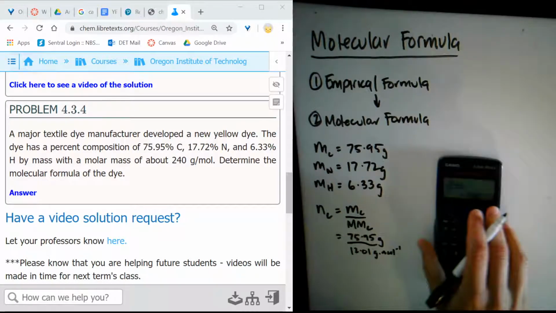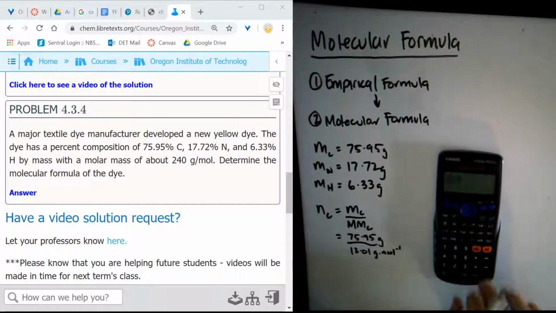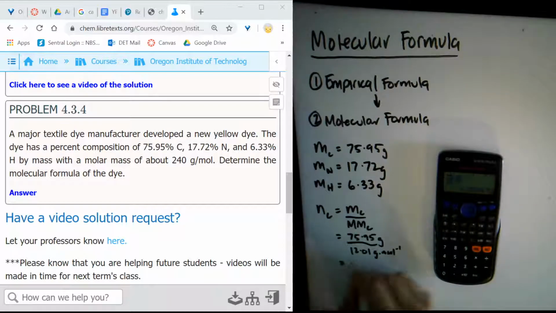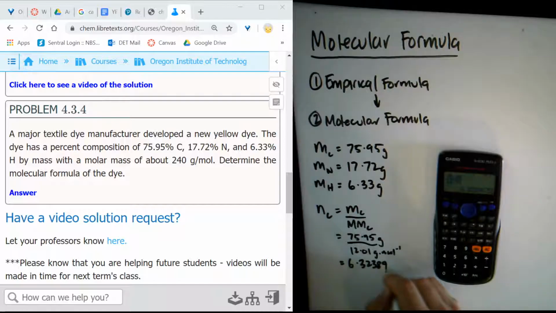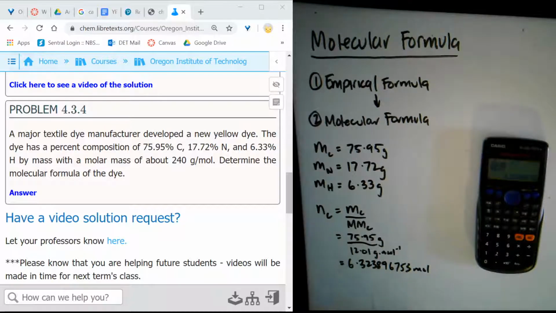I'm just going to do that on the calculator really quickly. And we get 6.32389673. It's really important here to keep all of those significant figures because they could become important later. If you cull them too soon, you can end up with a percentage error and it could really throw off your calculations. Let's do the same for the other two.